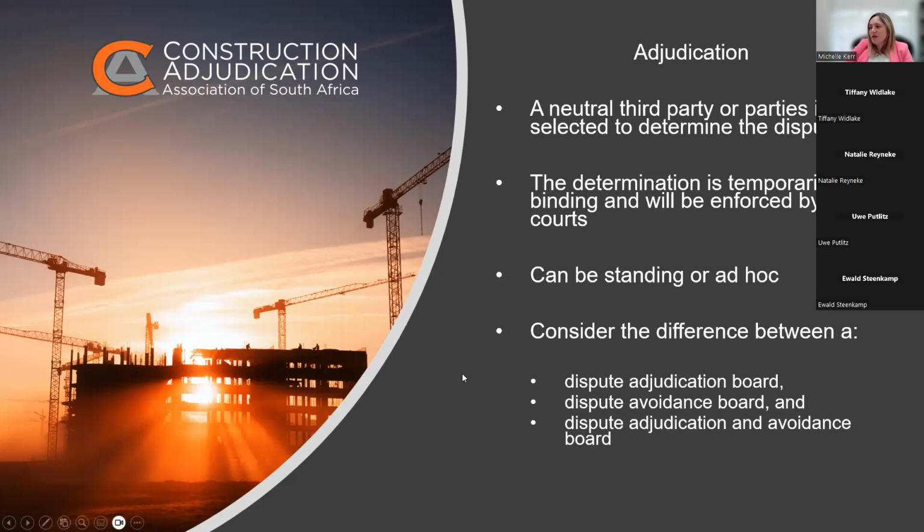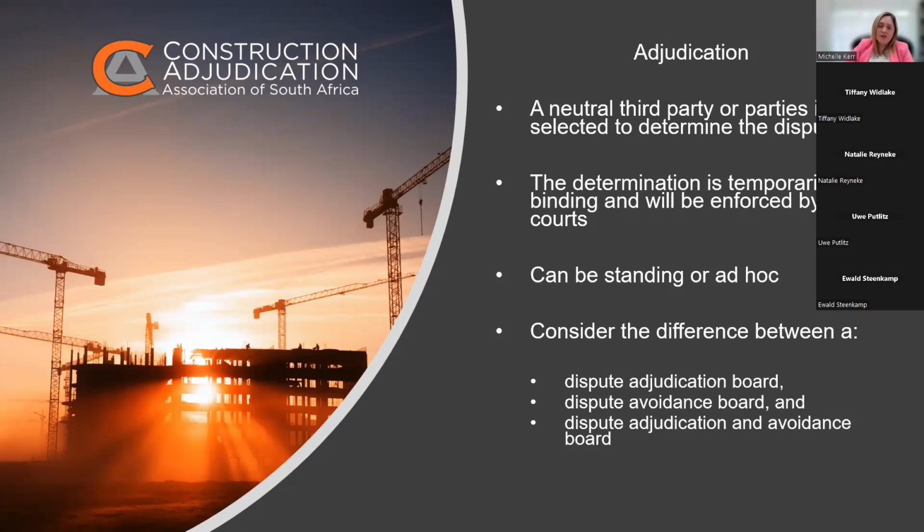Okay, and there's also something else that we need to consider, and you'll see it reflected in the dispute resolution clauses that I'm going to take you through for the various standard form contracts, that you have different types of boards that you're now starting to see in the various standard form contracts. So I pulled out the dispute adjudication board, which essentially is a board of adjudicators who adjudicate disputes.